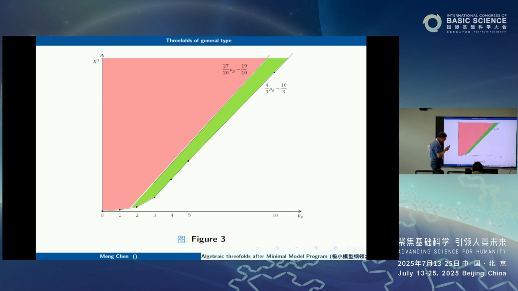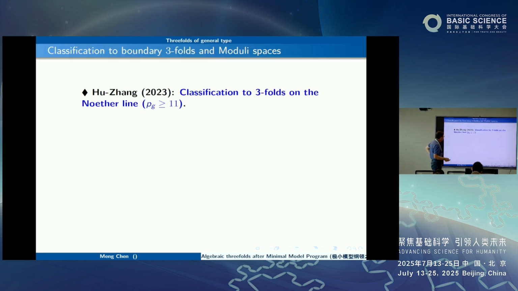Finally, in higher dimensions, unlike the surface case, a minimal threefold usually has a very small canonical volume. Therefore, we should find some way to construct or work out examples with very small volume.